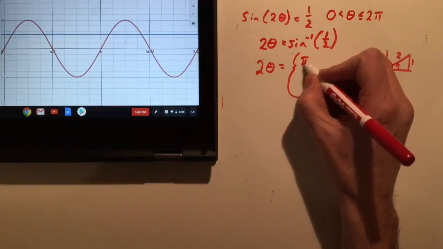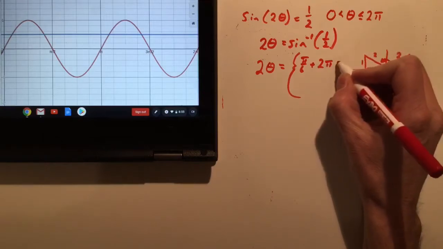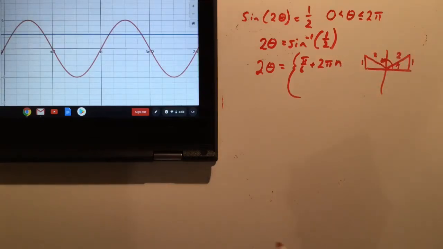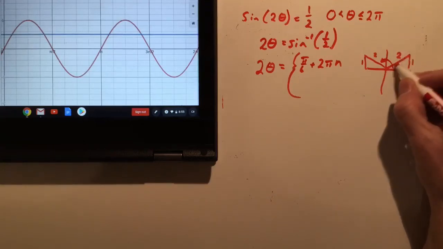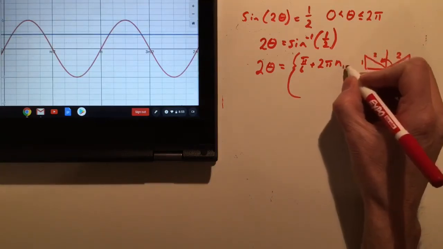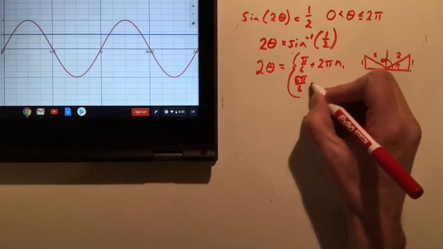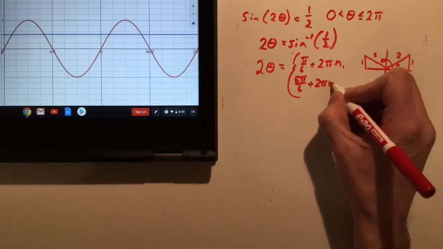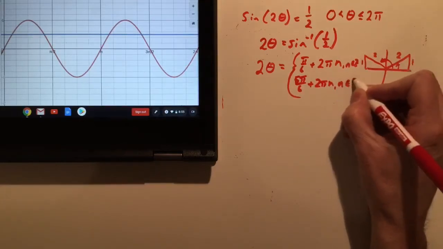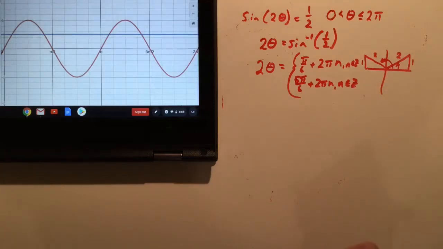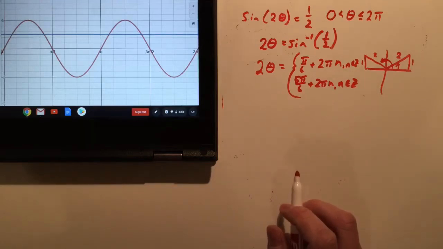So we're looking at pi/6 plus any multiple of 2 pi in either direction, which will get me to another angle that is coterminal with this pi/6. And I can do the same thing with 5 pi/6. And again, n is an integer. Now these are the infinite number of solutions for 2 theta.